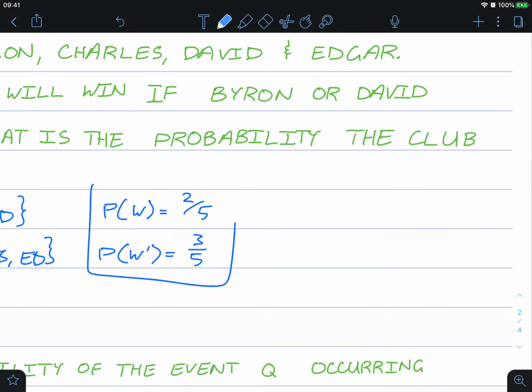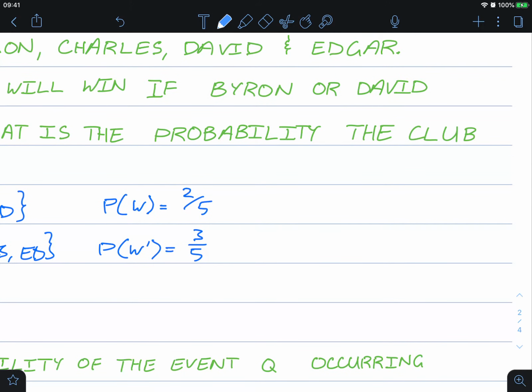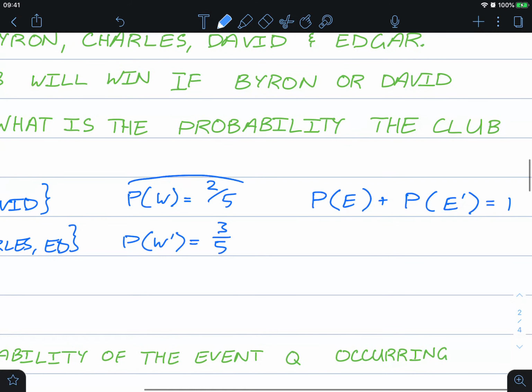And I hope this also points out how this combines with the sum of probabilities, in that the probability of E plus the probability of not E must be 1. And we can see that here. The probability of winning is 2 out of 5.